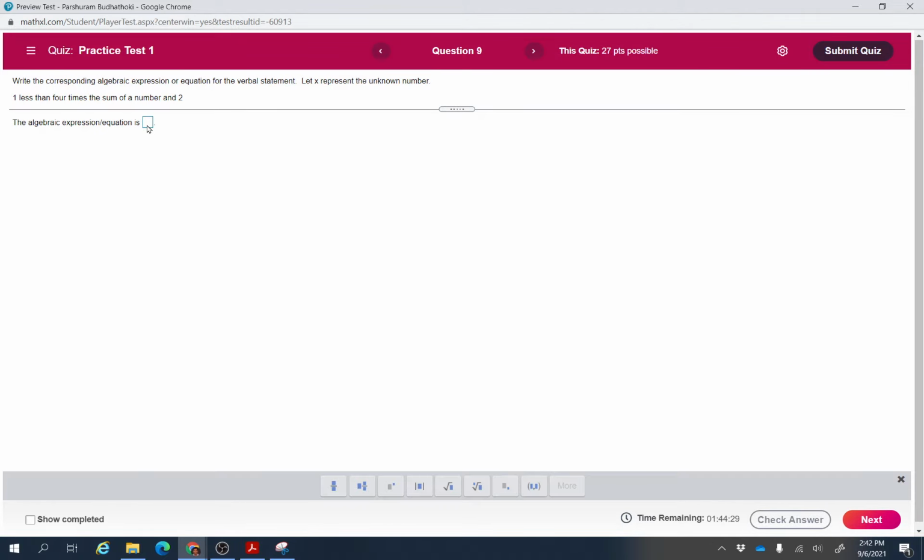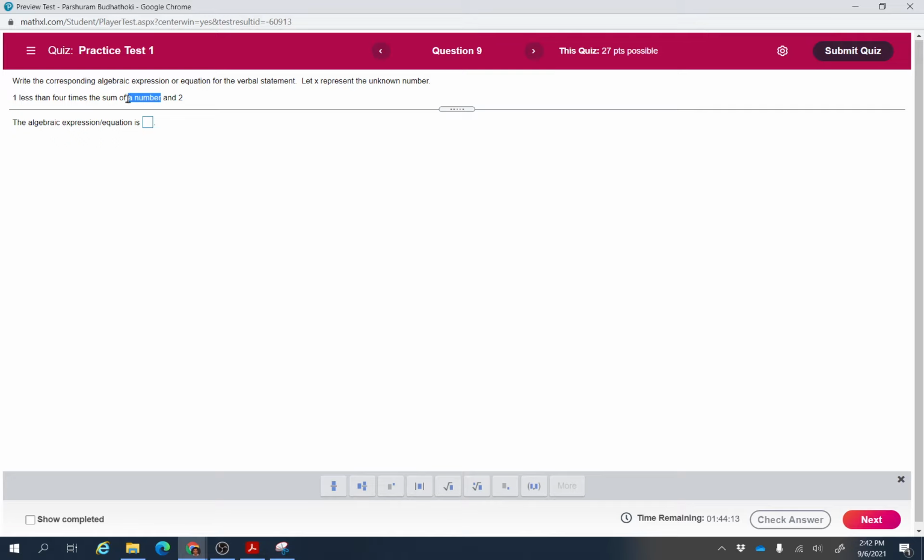So for the algebraic expression, using the same thing, 1 less than means you have to subtract 1, 4 times the sum of a number and 2. A number, we don't know the number, so we always assume that that is x.